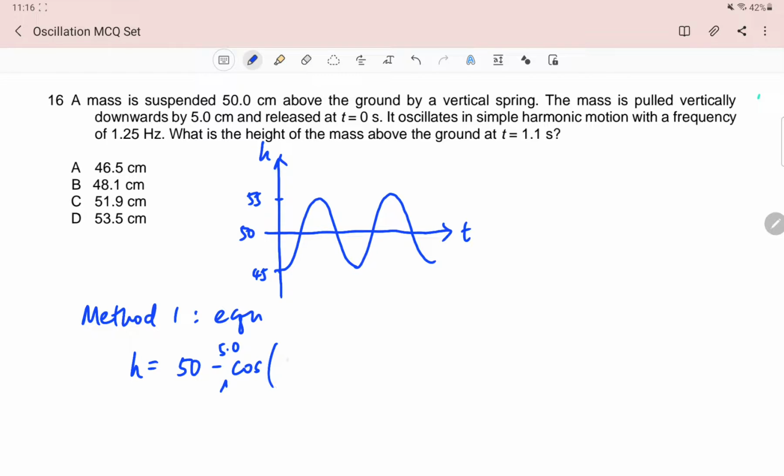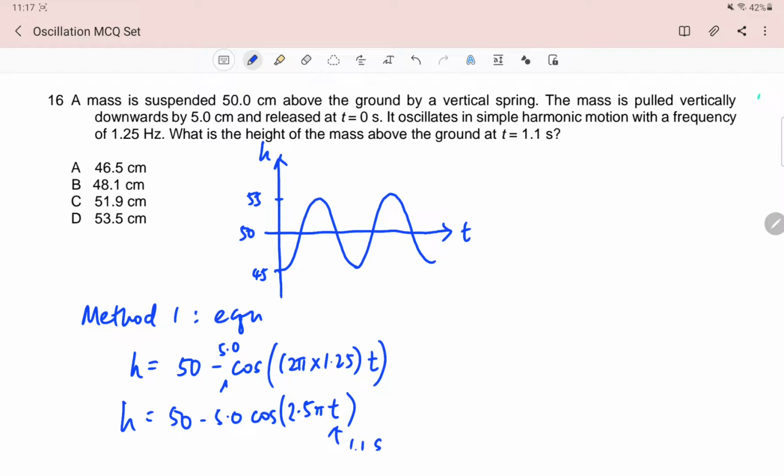Omega is 2 pi times f, so it's 1.25 here times t. So let's rewrite this: 50 minus 5.0 cosine 2.5 pi t. Substitute in 1.1 second, you can get the corresponding H.